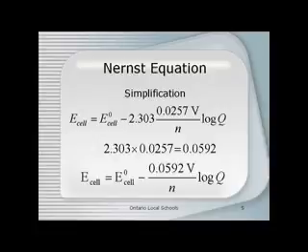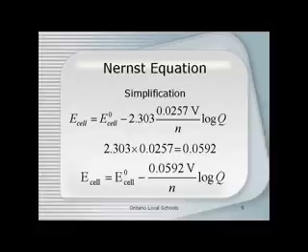So as we continue to simplify, we see our E of the cell is equal to the E of the cell under standard conditions minus the 2.303 times the factor of 0.0257 volts over n times the log of Q. 2.303 times 0.0257 is equal to 0.0592.